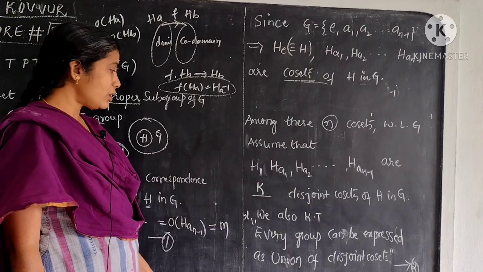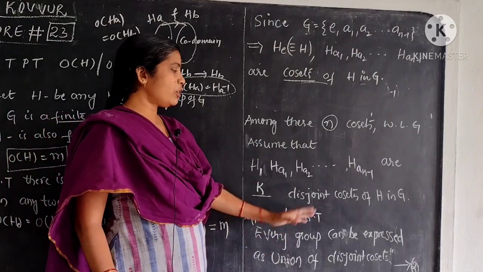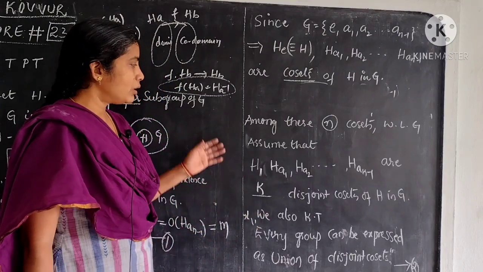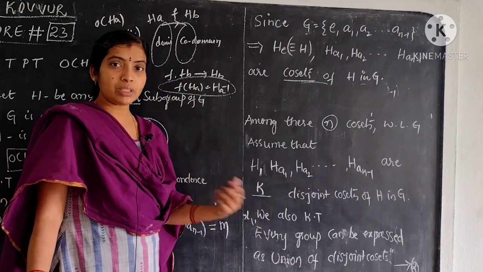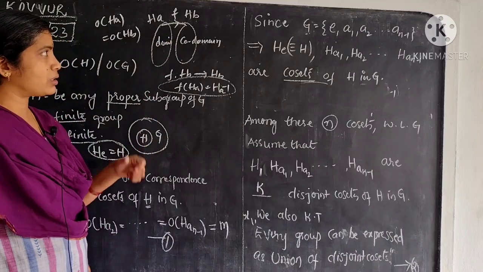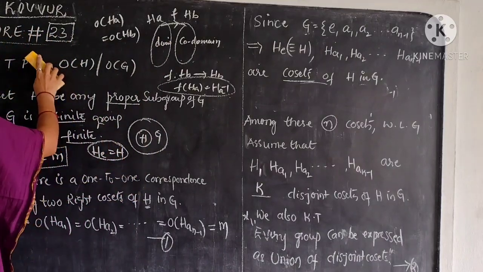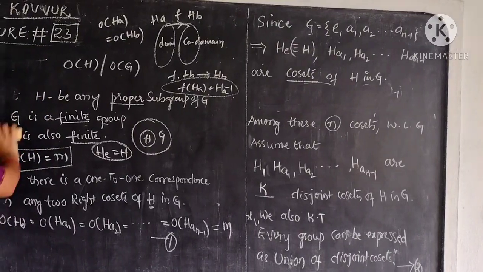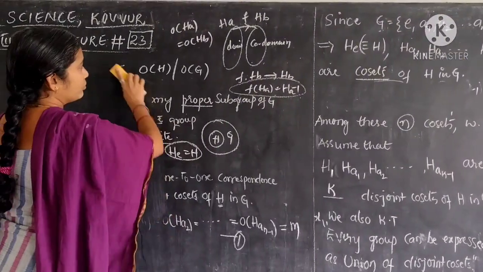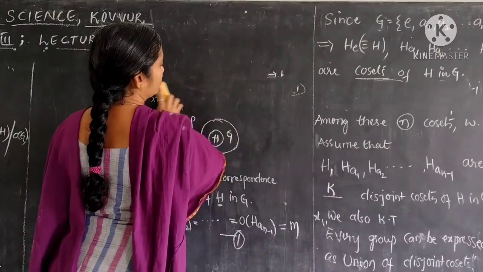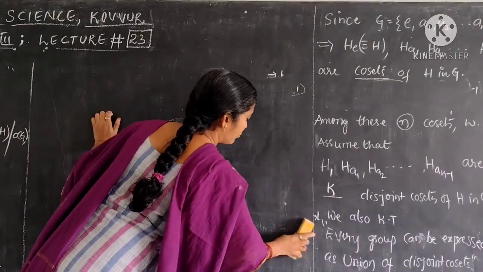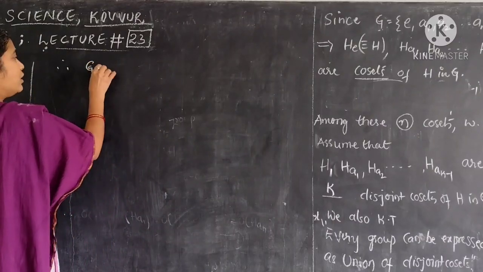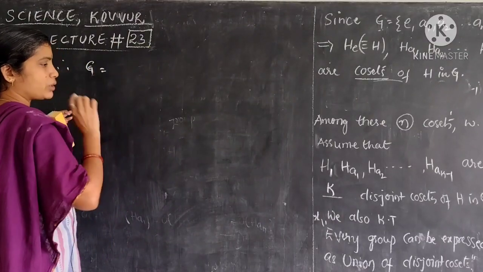Again, we have another result: every group can be expressed as a union of disjoint cosets. What is the meaning of it? Suppose G is our group. This theorem 2 says that G can be expressed as a union of disjoint cosets.